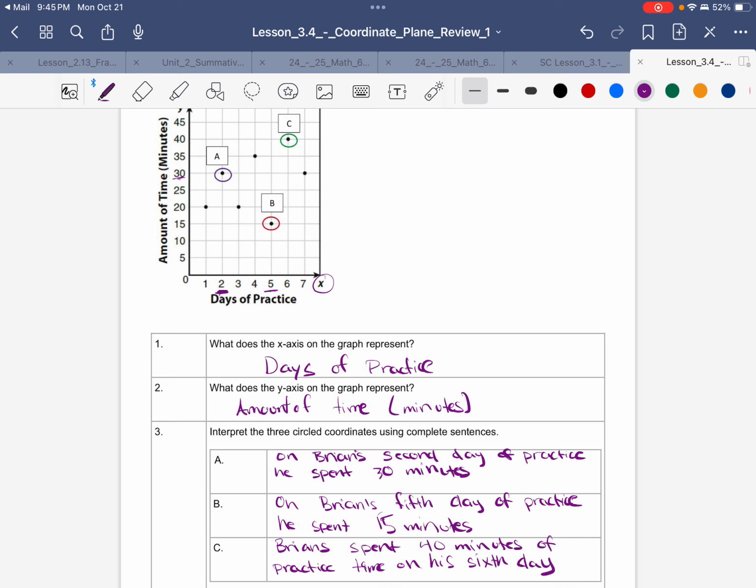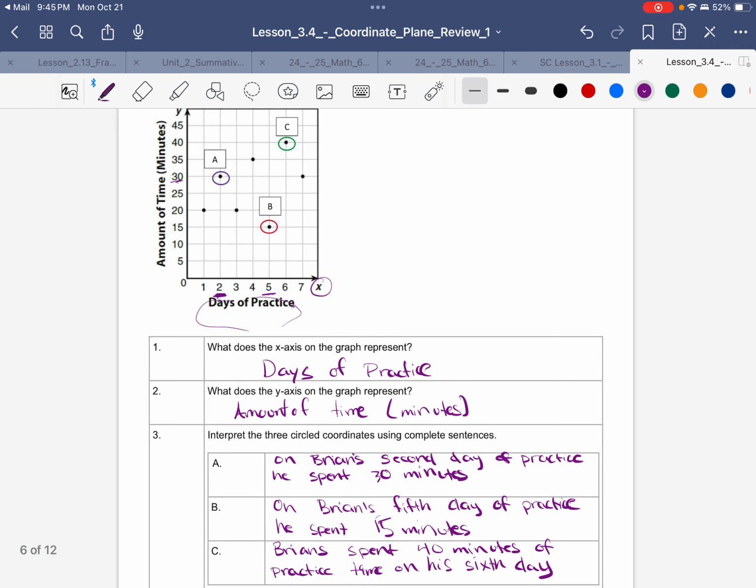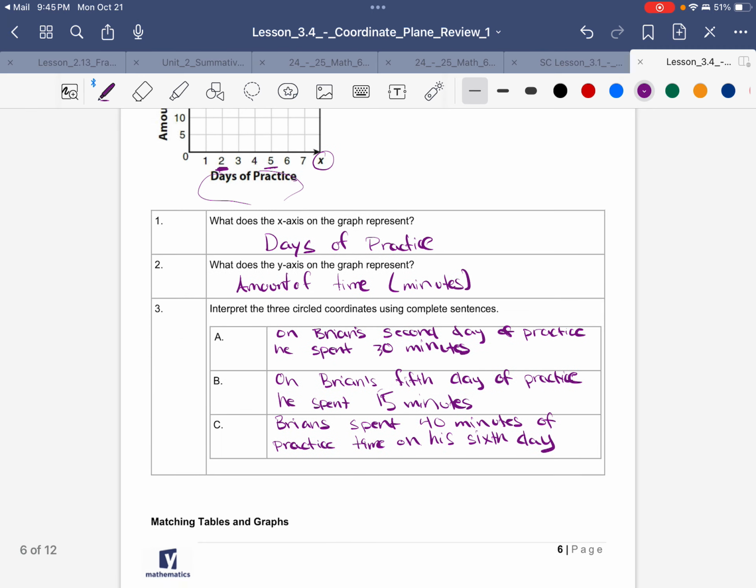So different ways you can write that sentence. So what you're interpreting is how many days or what day he was on in practice and how many minutes he spent. So when you are interpreting these graphs, that's what you're looking for, is what are the units on each side of the graph.